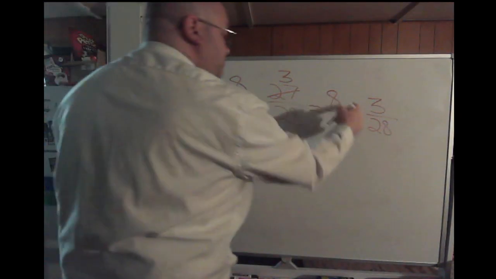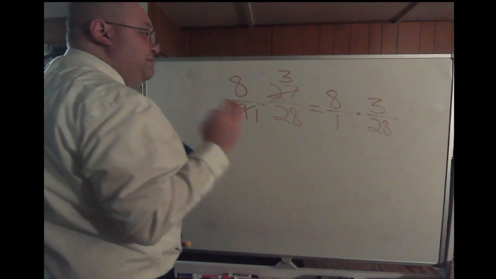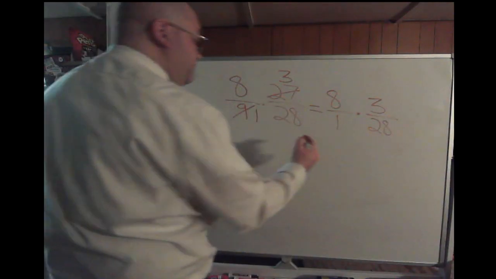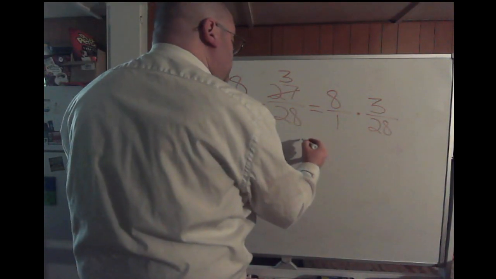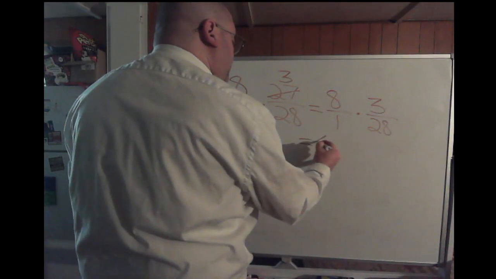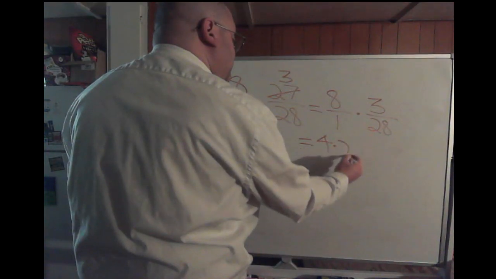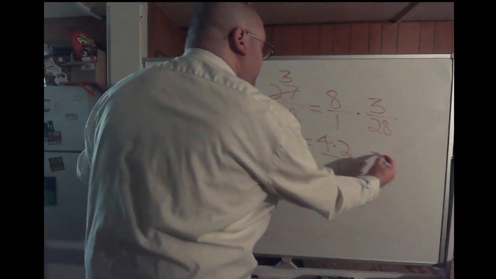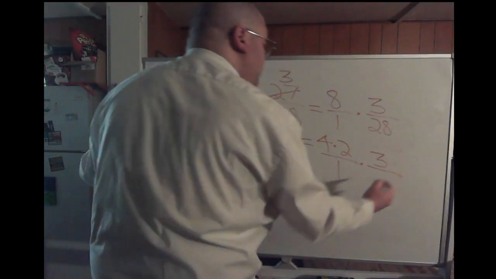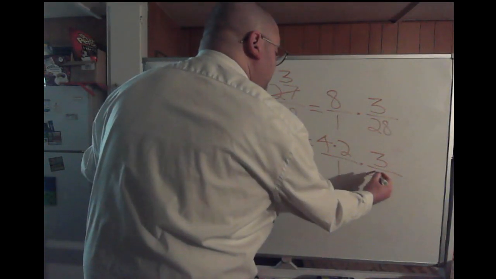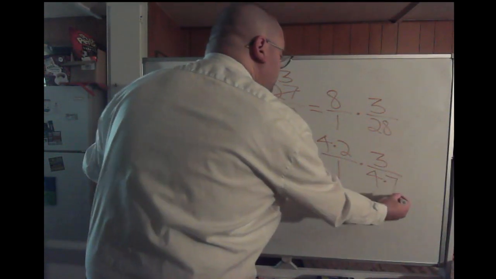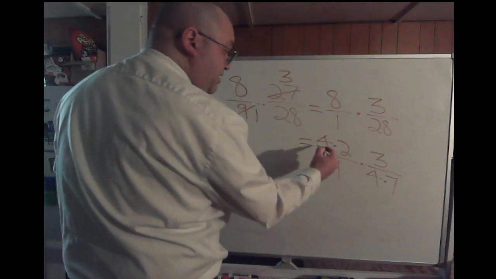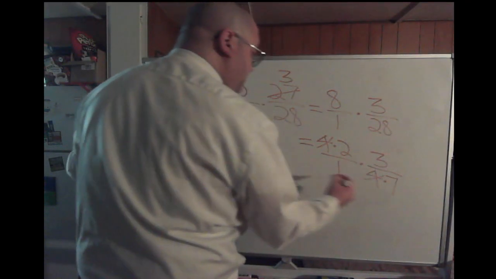How about 8 and 28? Do they have any common factors that'll cancel out? Well, they have a 4, because 4 times 2 is 8. That'd be all over 1 times 3. And then 28, well, that's just 4 times 7. Now we see between the numerator and denominator, we have a common 4 that'll cancel out.